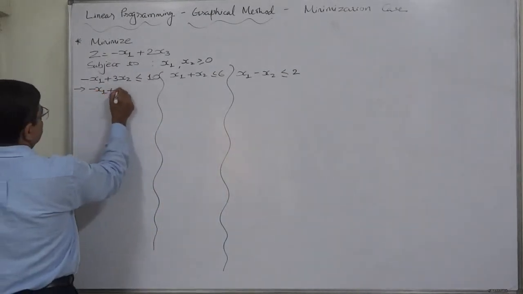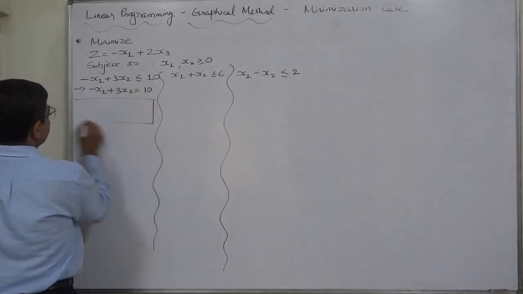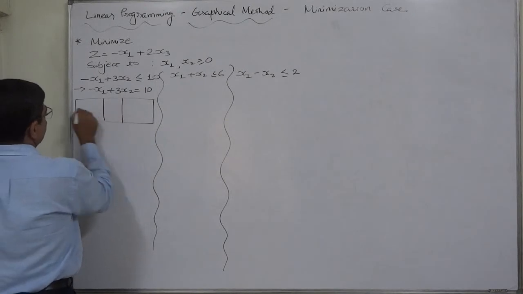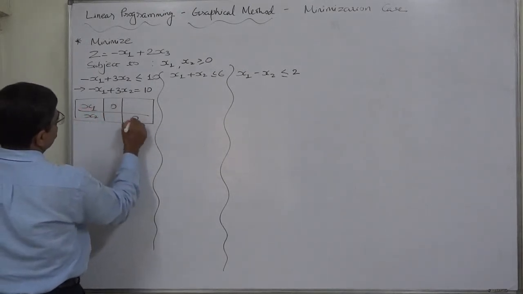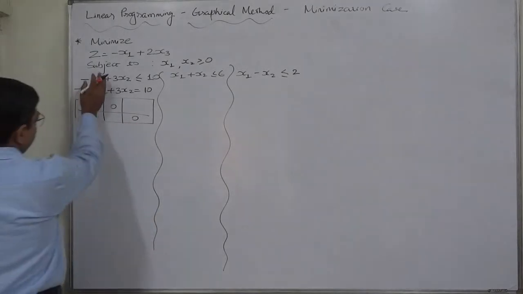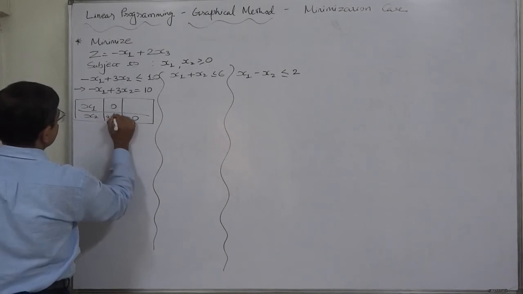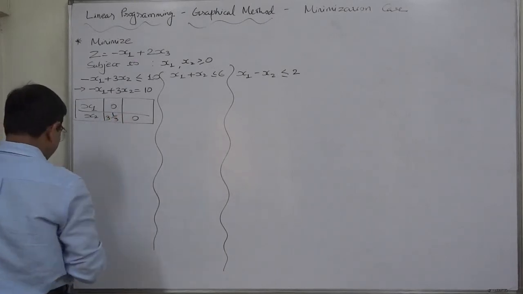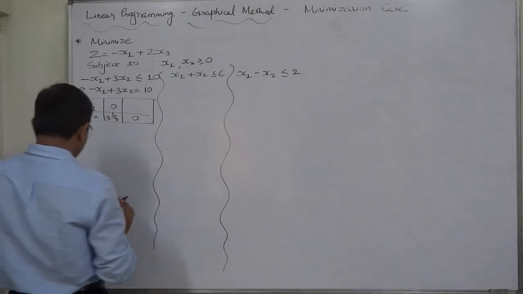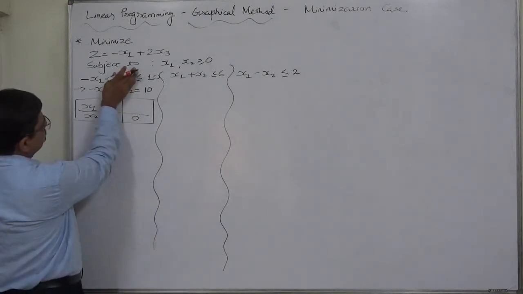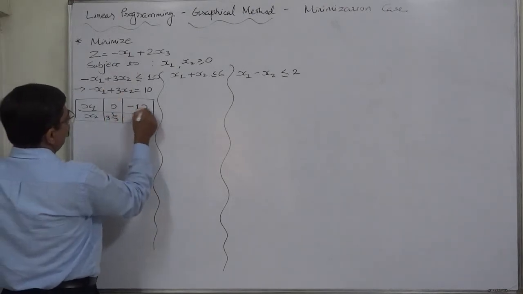Minus x1 plus 3x2 equals to 10. Let's have the box showing two values to draw the straight line. If x1 is 0, then x2 is 10 by 3 or 3 and 1/3. If x2 is 0, then minus x1 equals to 10, so x1 equals to minus 10.